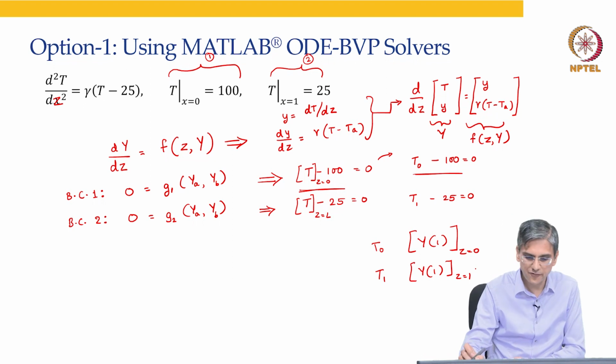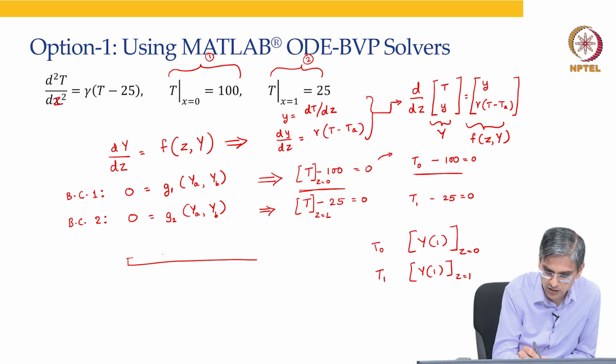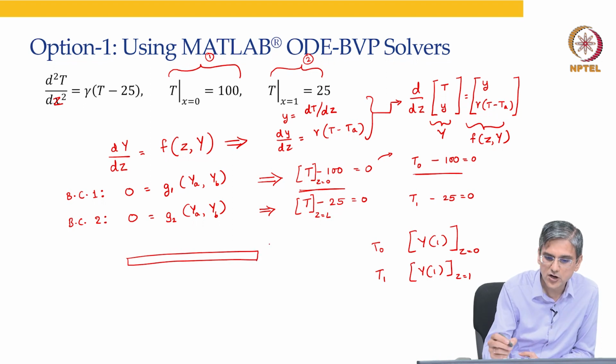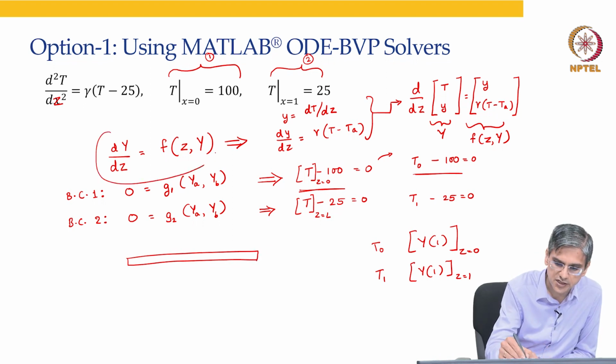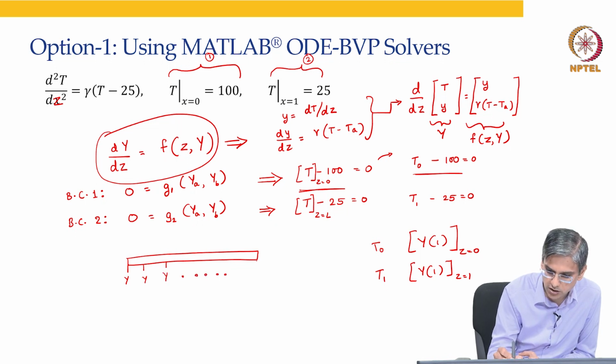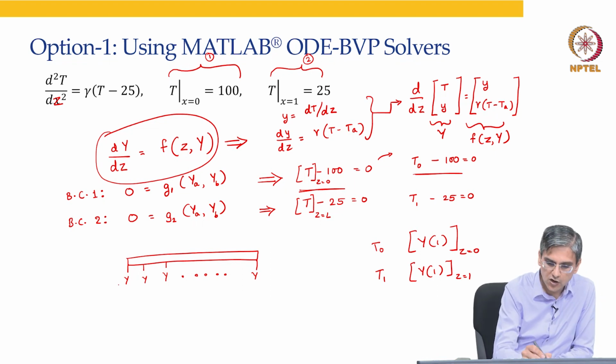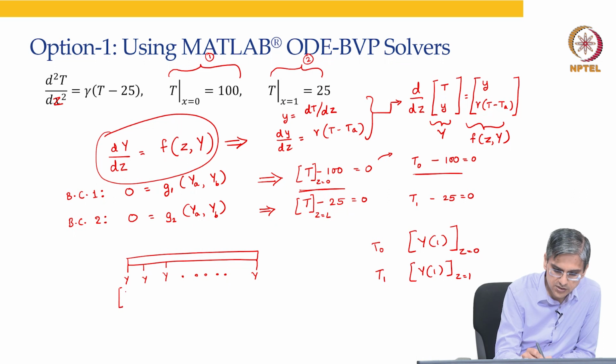Okay. What do I mean by that? We have this entire rod, okay. Because we are solving the equation dy by dz, we have y that is over here, we have y that's coming over here, we have y that's coming over here, and so on up to y that we are going to have over here. Now this y is going to be capital T and small y.